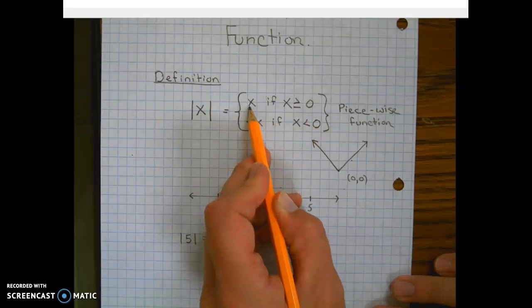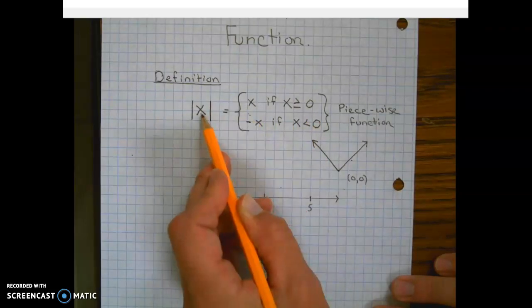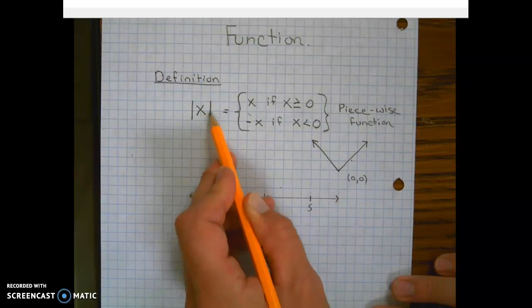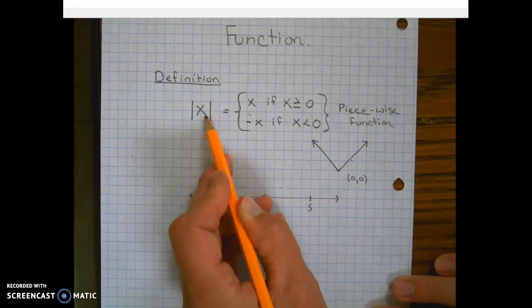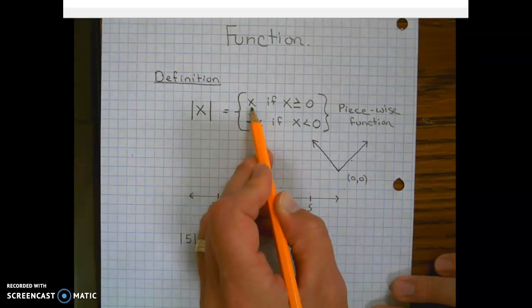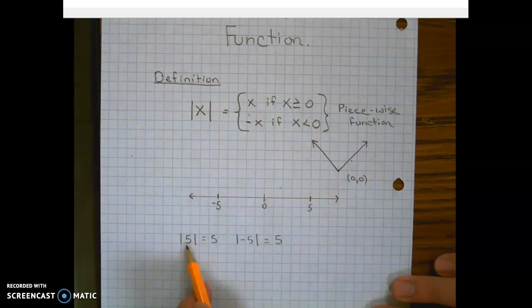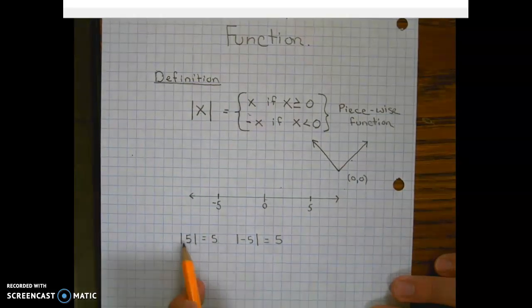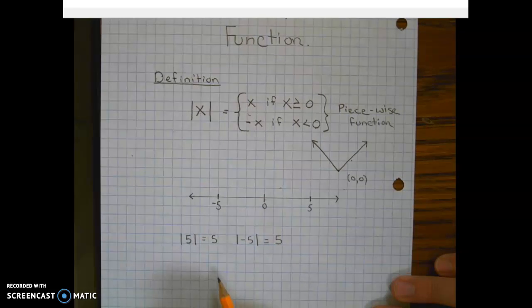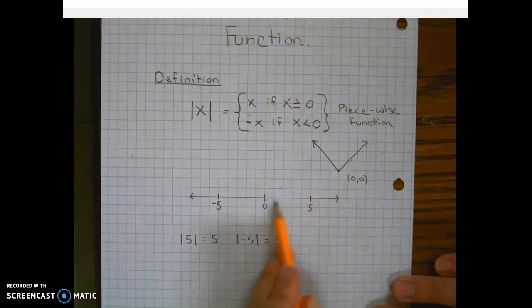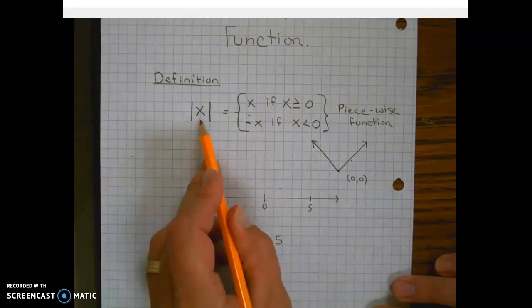So basically, if x is 5 inside the absolute value bars, then the answer will be 5. It's the same, as we can see right here. The absolute value of 5 is 5. So if we have positive numbers, including 0, the absolute value of any of these numbers is going to be the same.